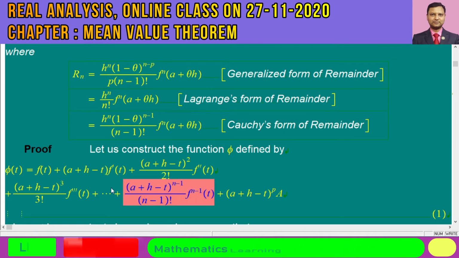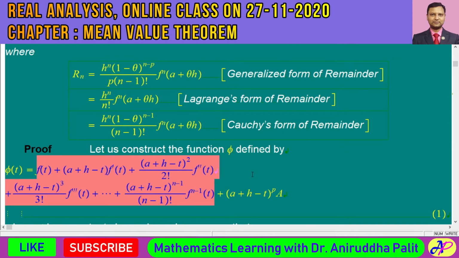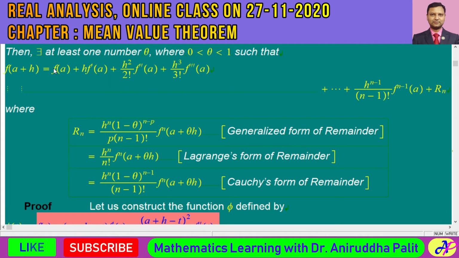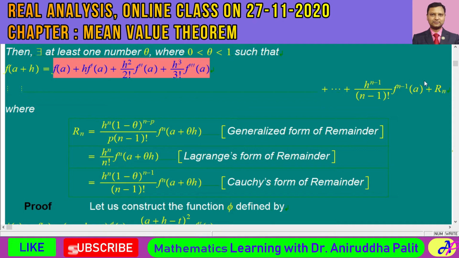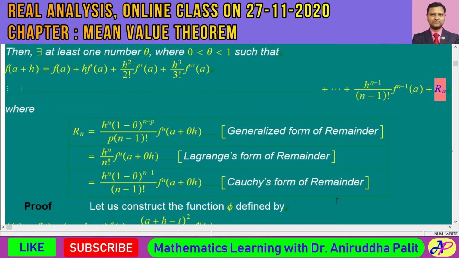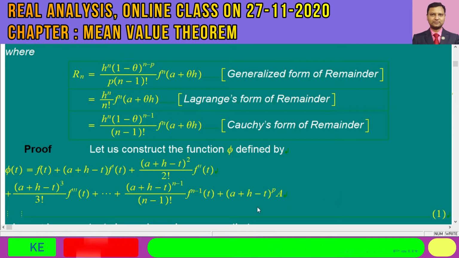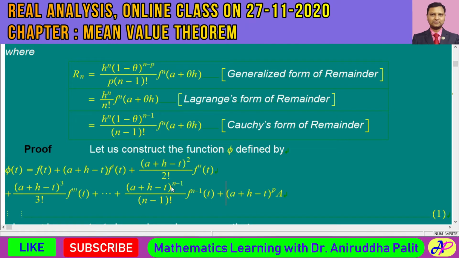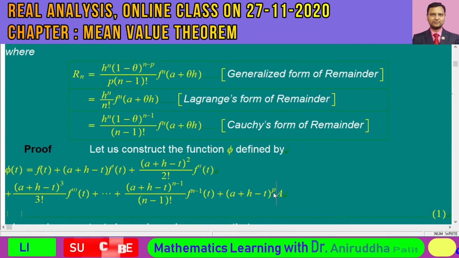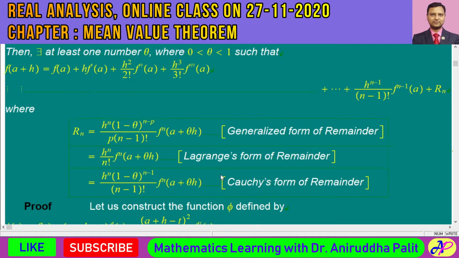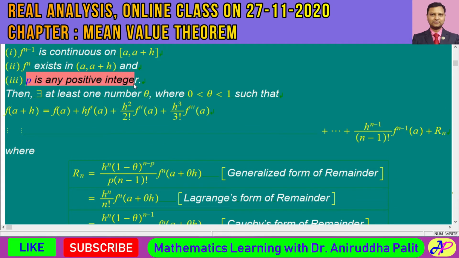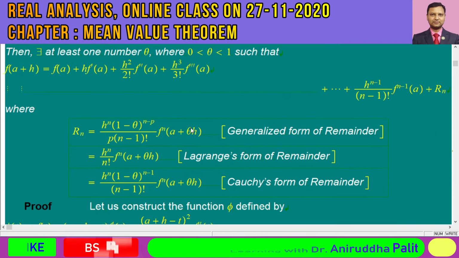Got it? So this much you can construct from the given expression. And for this last term, we are just writing a plus h minus t whole to the power of p. p is an integer that has already been given in this statement, p is a positive integer.